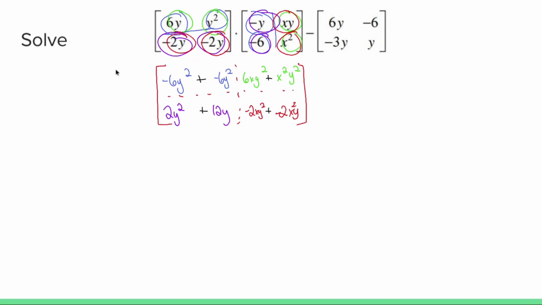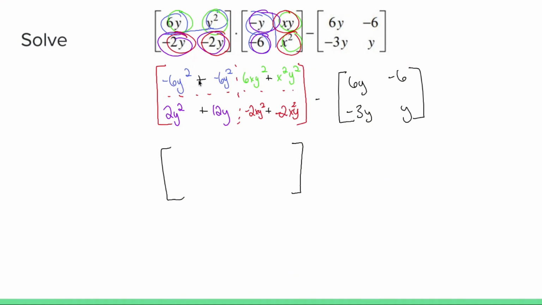Now, we're still going to subtract the other matrix once we get there, but we're not there yet because we have some simplifying that we can take care of right now. All right, so let's simplify. Lots of combining like terms.